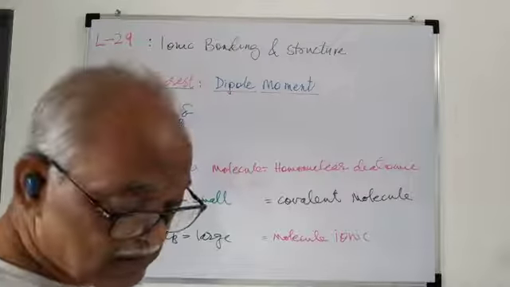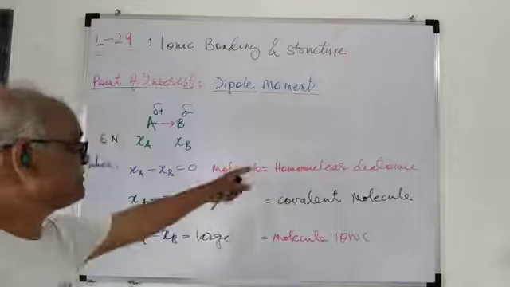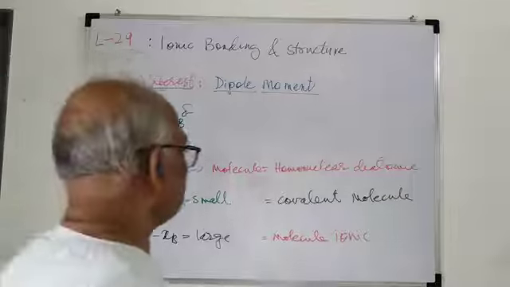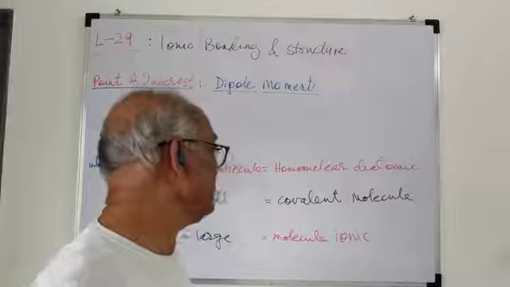So these values show three different characters: homonuclear diatomic, covalent, or ionic.